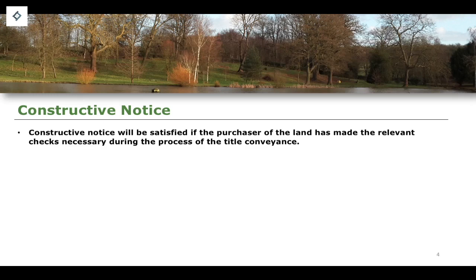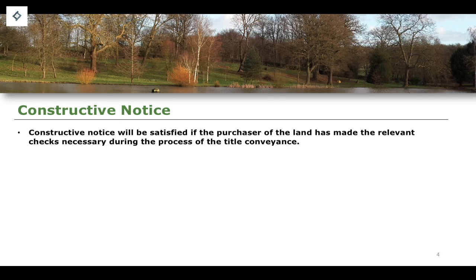Constructive notice is a little bit different, because constructive notice will be satisfied if the purchaser of the land has made the relevant checks which are necessary during the process of the title conveyance. Whereas actual notice is, did this person actually get informed of the equitable interest?